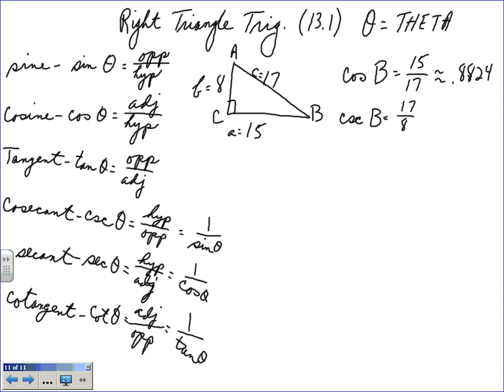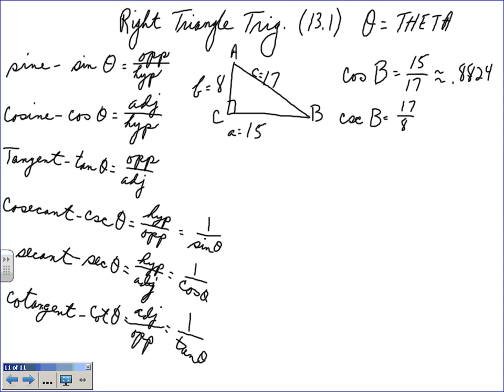Okay, do you have a question, Hunter? I don't think there's any. Cosecant is hypotenuse over opposite, if you're thinking of cosecant as being a reciprocal. I was trying to figure out the letters. Oh, the letters?